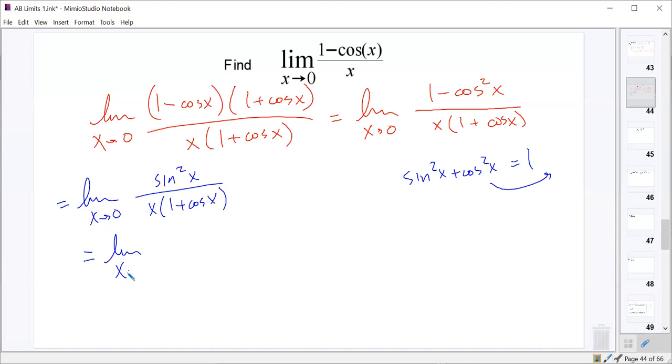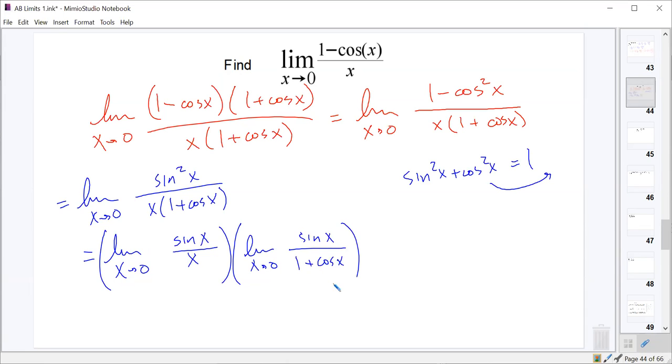All right, I'm going to do it for you then. We're going to do sine x over x as one limit, and we're going to do the other limit as sine x over 1 plus cosine x. Because didn't we have a rule where we could separate a limit using multiplication? Yes. And if I multiply this all back out, I should get sine squared x over x times 1 plus cosine x, right? Should be exactly the same.